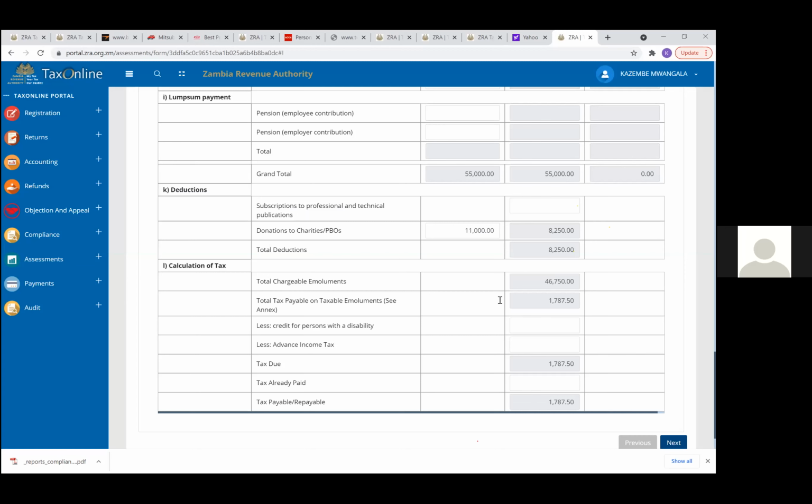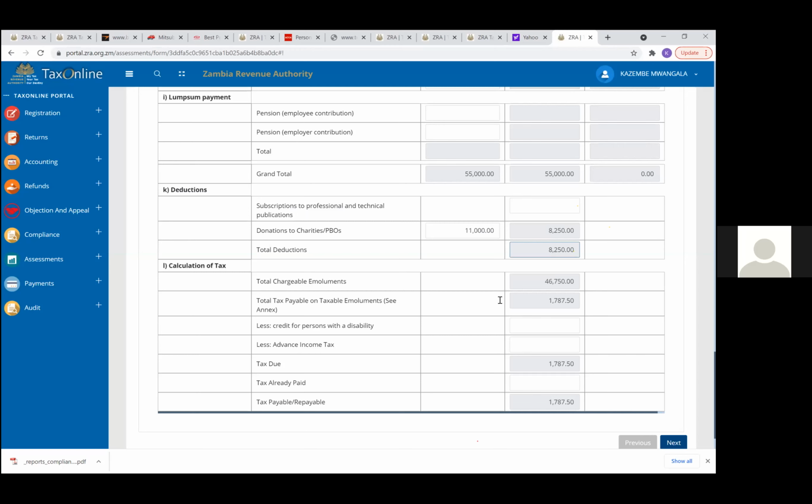So when we put the 11,000 here, the chargeable emoluments are reducing to 46,750. So a deduction reduces the chargeable emoluments, whereas a credit, as we are going to see, reduces the actual tax that is to be paid.